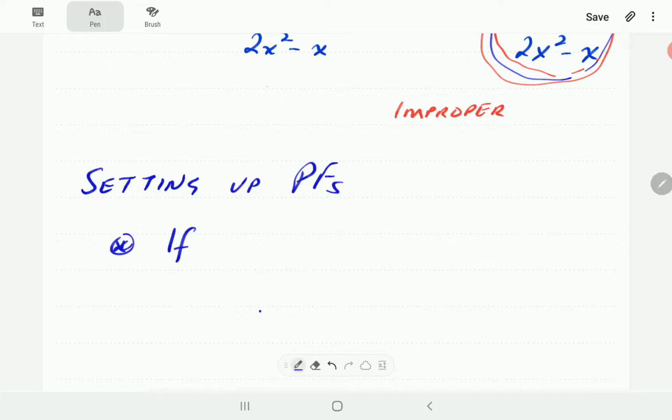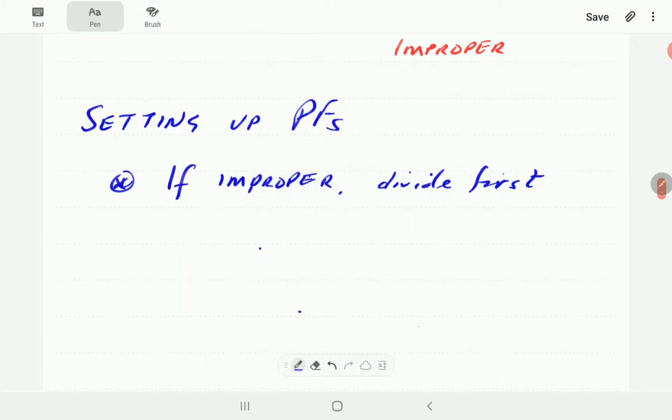if the rational expression is improper, like part B above, then the thing we must do is divide. We must divide first. When we divide, we can use synthetic division or long division depending on what the case is.